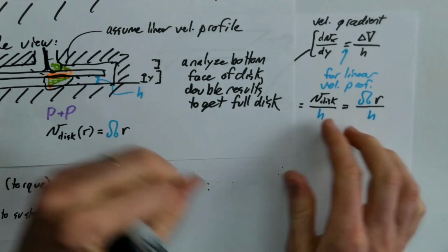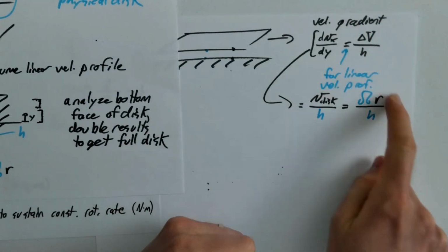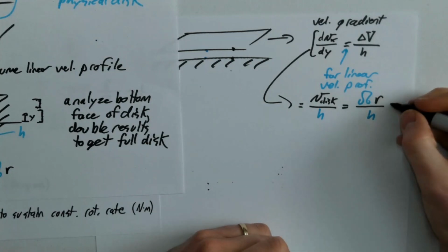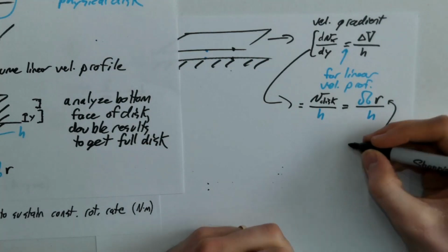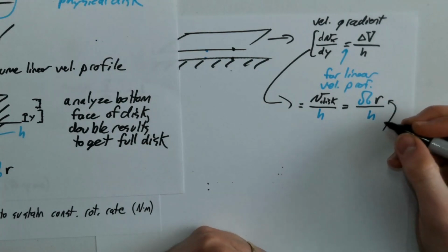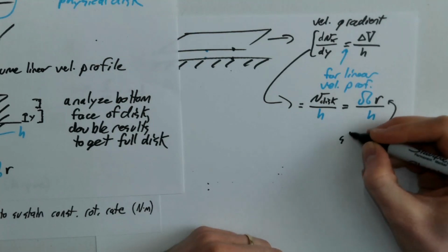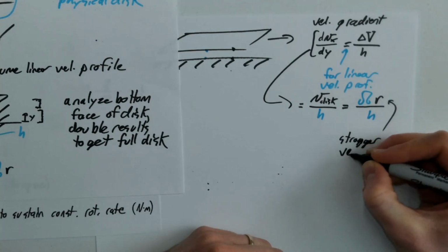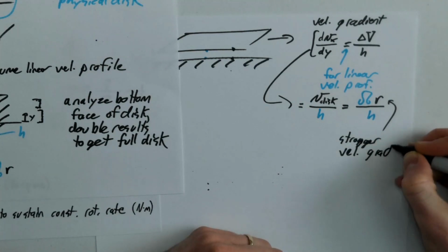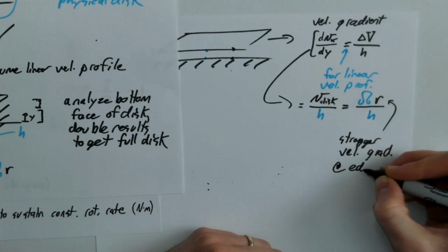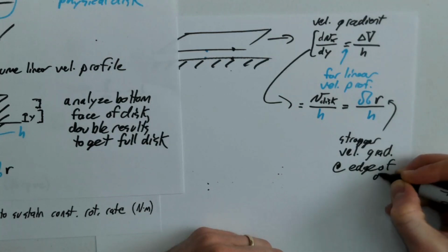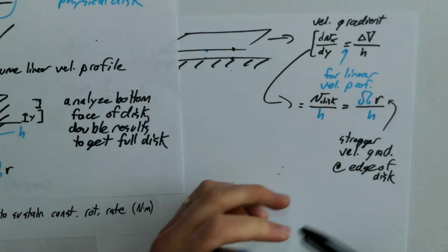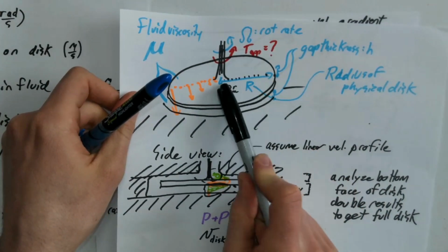So what does this mean? This means that the velocity gradient is dependent on where you are in the disk. We have a steeper, stronger velocity gradient at the edge of the disk compared to the center, or a variable velocity gradient across the disk.